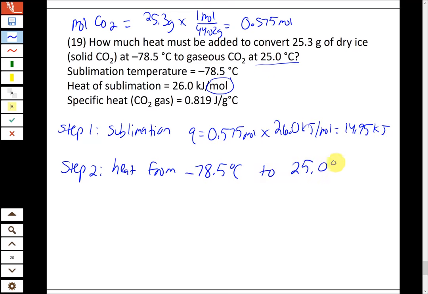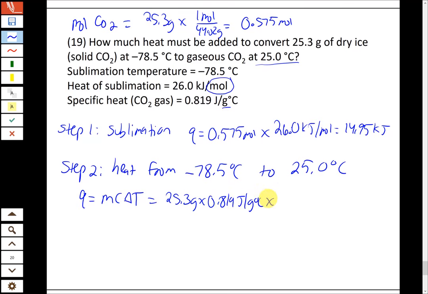And anytime we're just changing the temperature but not changing the phase, it's just going to be back to MC delta T that we talked about beginning in chapter 6. So in this case, the heat capacity is given per gram, so we're going to use that mass value this time, 25.3 grams. Specific heat capacity of gas phase CO2 is 0.819.